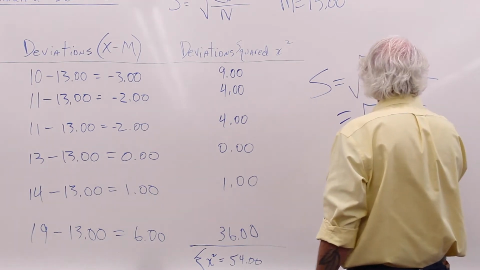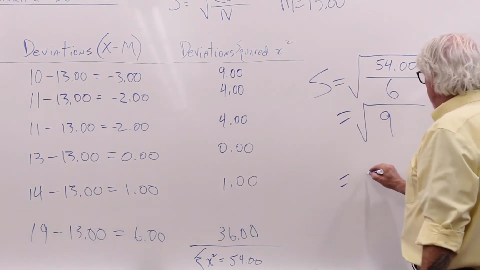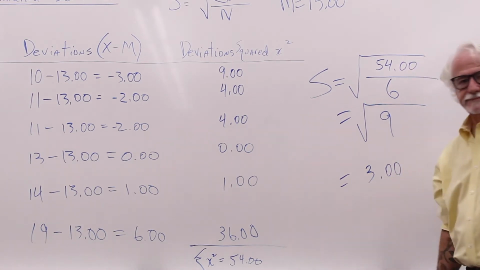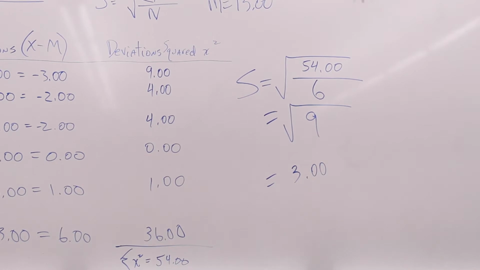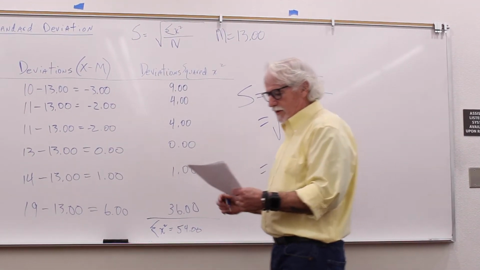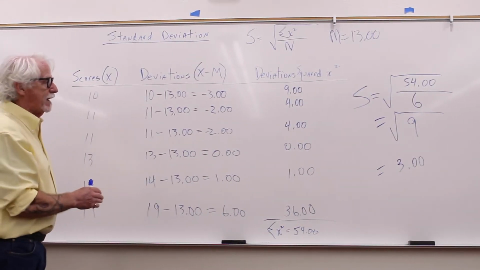That is the square root of 9, which is equal to 3, if I'm not mistaken. Yeah. Okay? So this is our very first simple formula for calculating the standard deviation.